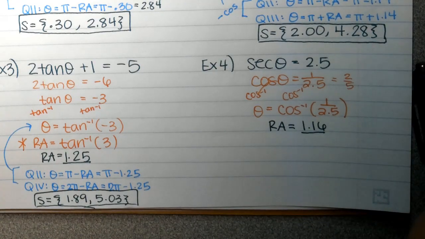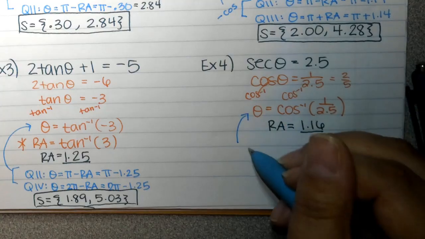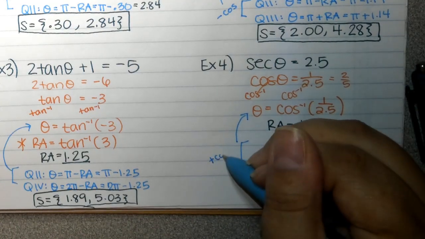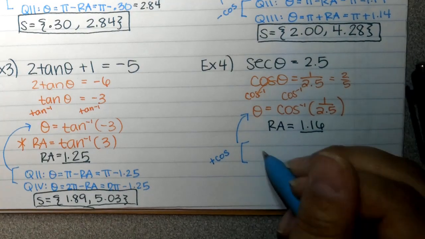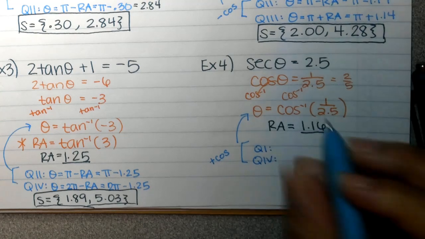What quadrants are we dealing with here? We're dealing with a positive cosine. Where is cosine positive? 1 and 4.